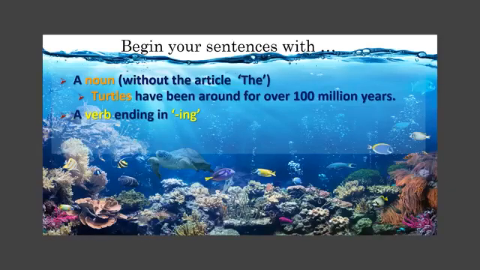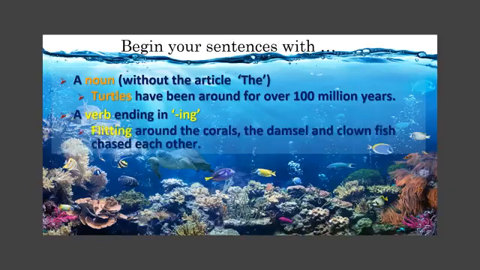The verb I chose here is flitting. That means going in and out of the corals or maybe the sea anemone. My sentence reads like, flitting around the corals, the damsel and the clownfish chased each other. Now your turn. Write a sentence that begins with a verb ending in ing.